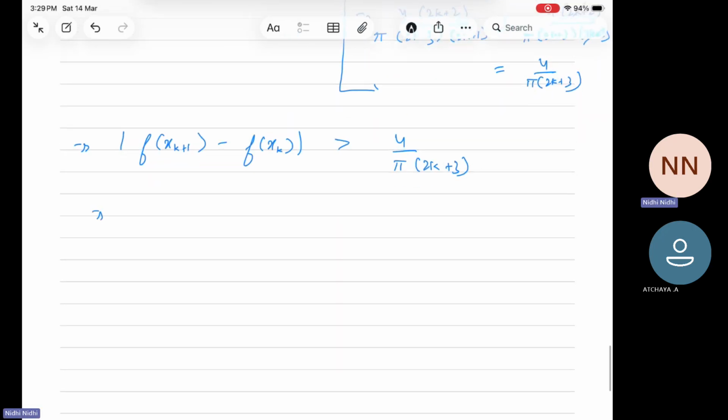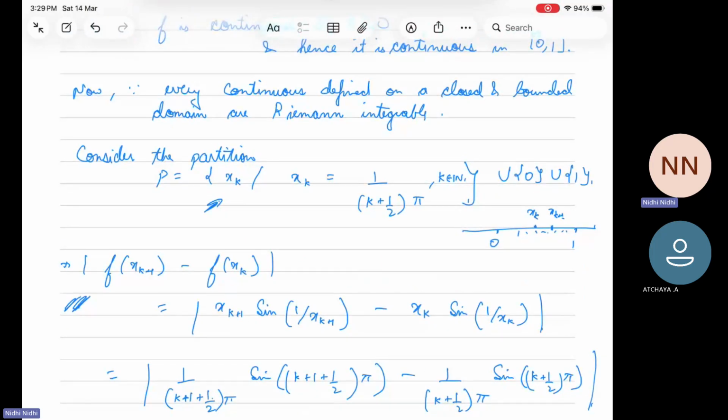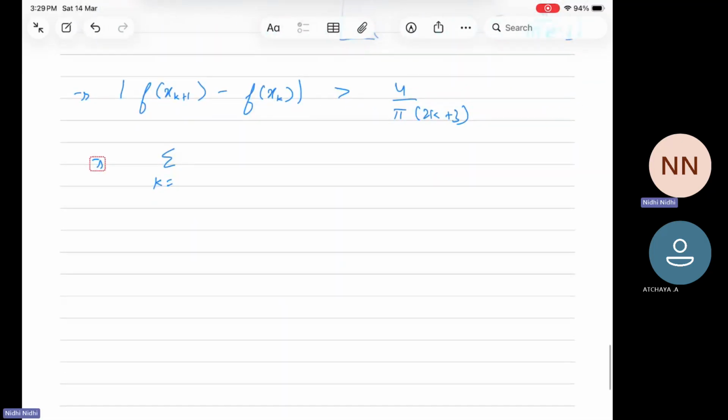So taking summation, since we have taken k for all natural numbers, k is starting from 1 to infinity. So this is summation k from 1 to infinity, mod f(x_{k+1}) minus f(x_k).